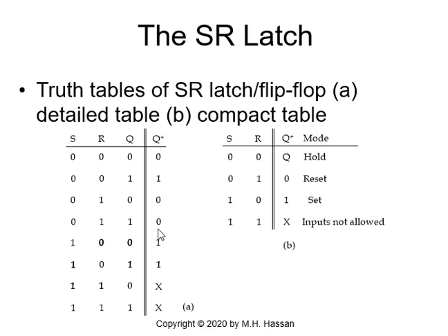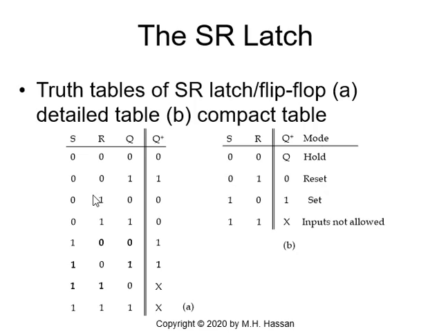And Q plus prime is 1, which is the complement of 0. Now those two rows, which are 0, 1, 0 and 0, 1, 1, where the output became 0, could be rewritten as R is 1, S is 0, and Q plus is 0 all the time, or we call it the reset mode, the reset mode.